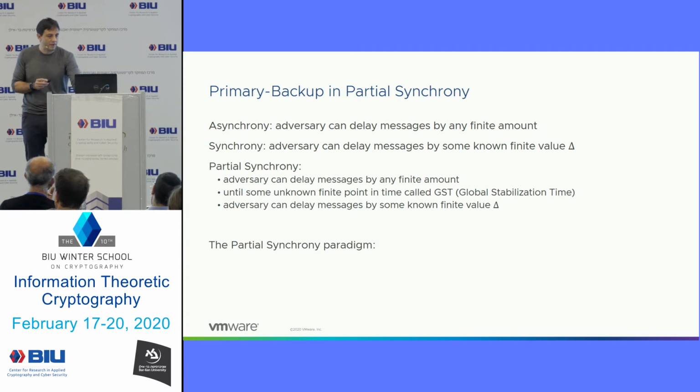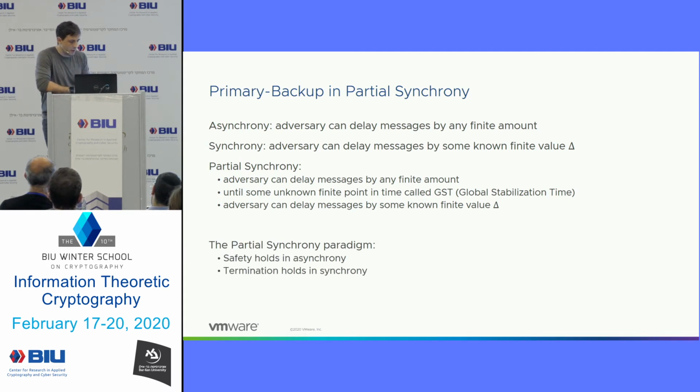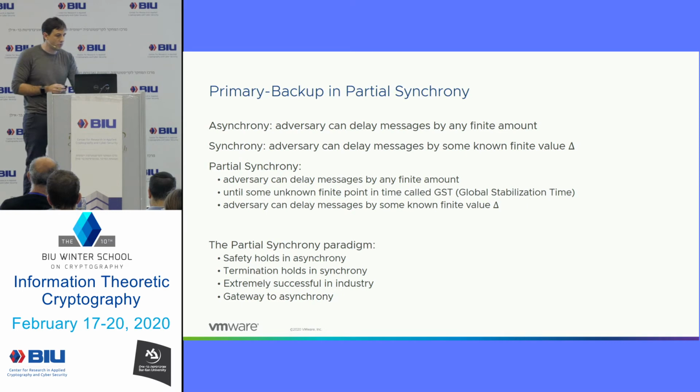So this is, again, a very successful model, and this goes back to the question asked earlier. It gives you safety in asynchrony and liveness in synchrony. It's very successful as a protocol in industry, and it's also a gateway for asynchronous protocols. So we'll show how you can actually take this and lift this to asynchronous protocols.